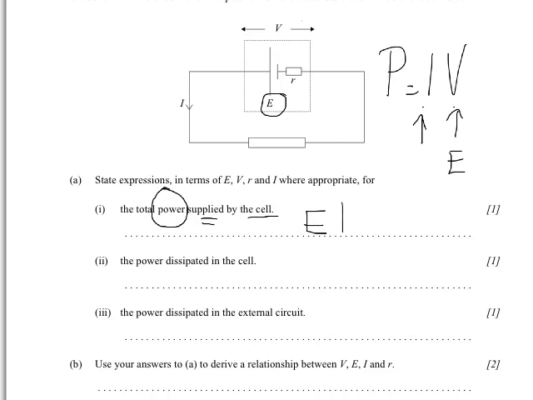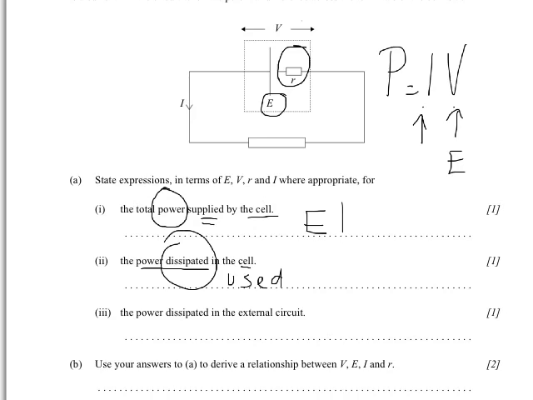Next, the power dissipated in the cell. Now, the power dissipated is the power used inside the cell, which is through this internal resistor here. If it was a perfect cell, then there would be no energy loss. So we're looking at the power dissipated in that resistor.